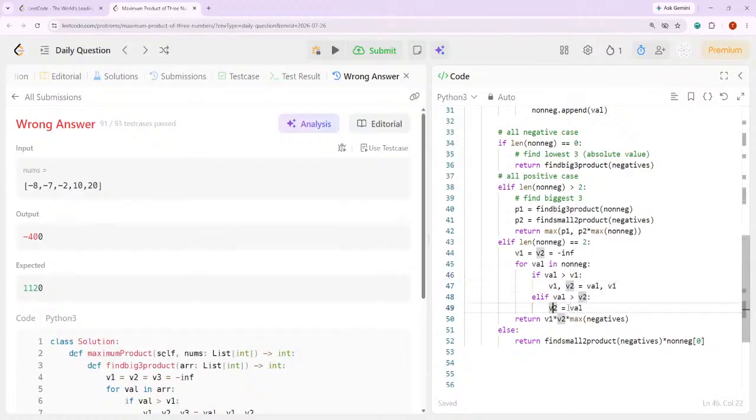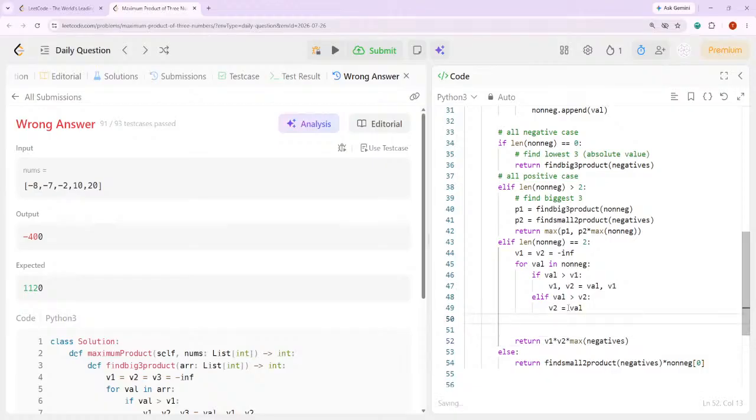All right, whatever. This is just poor coding. So let's say P1 equals V1 times V2 times max of negatives here.